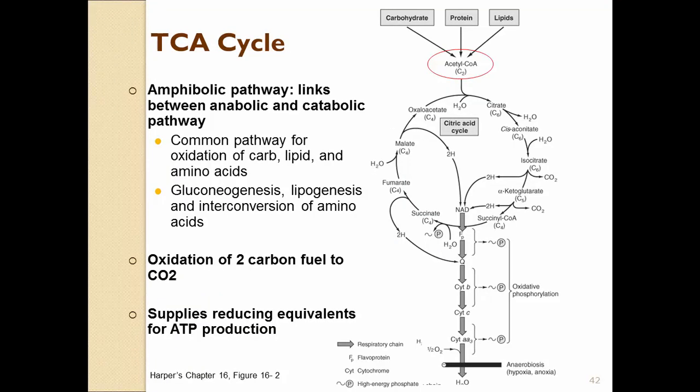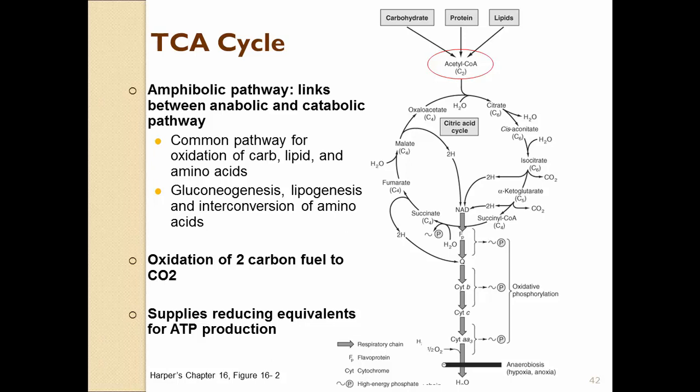Okay, now let's talk about the TCA cycle. TCA cycle is very important. If you remember, it's the so-called amphibolic pathway that can link anabolic and catabolic pathways, right? It's a common pathway, like I already mentioned, for the three macronutrients' metabolism.